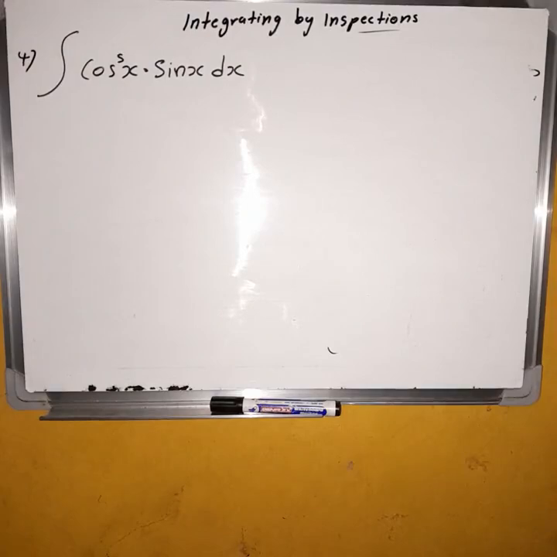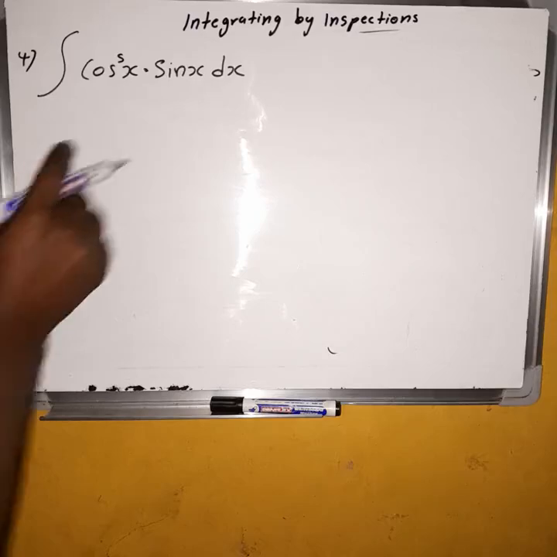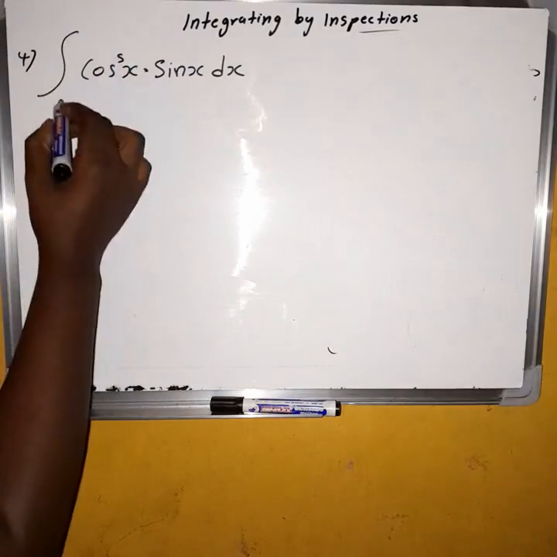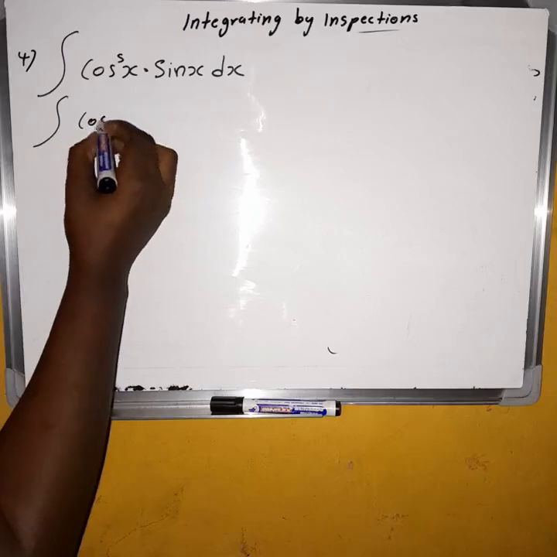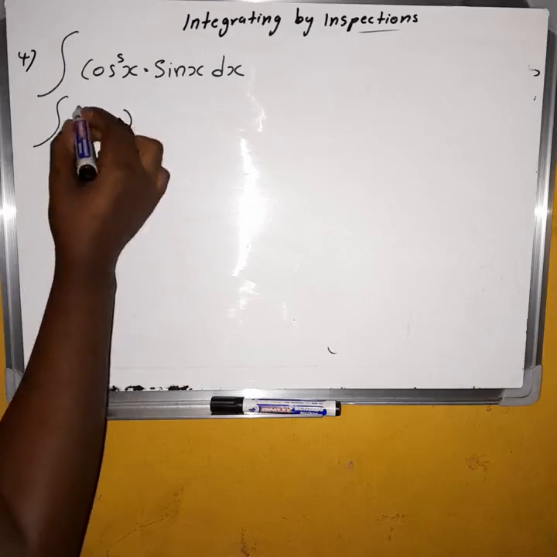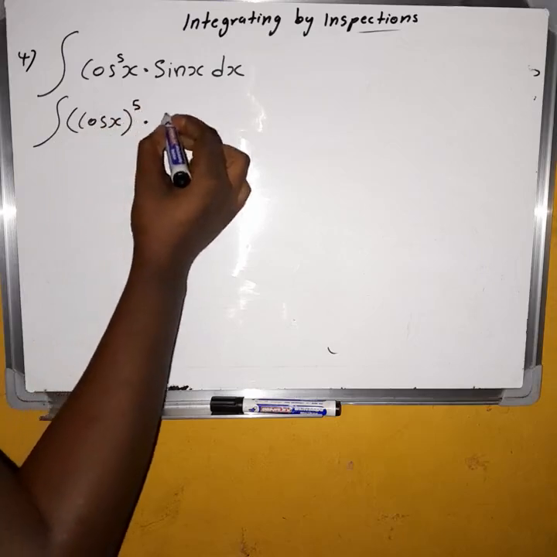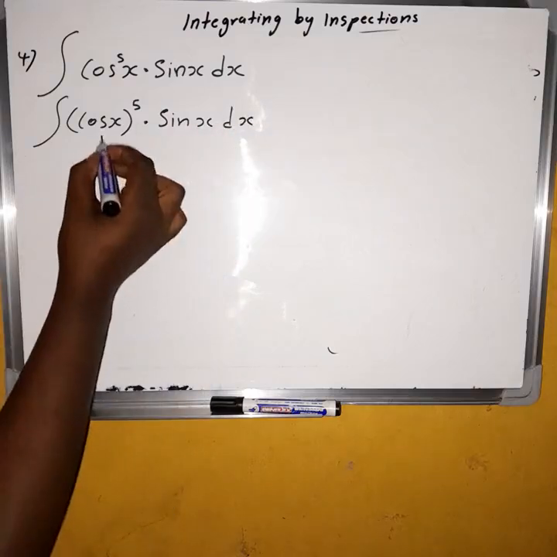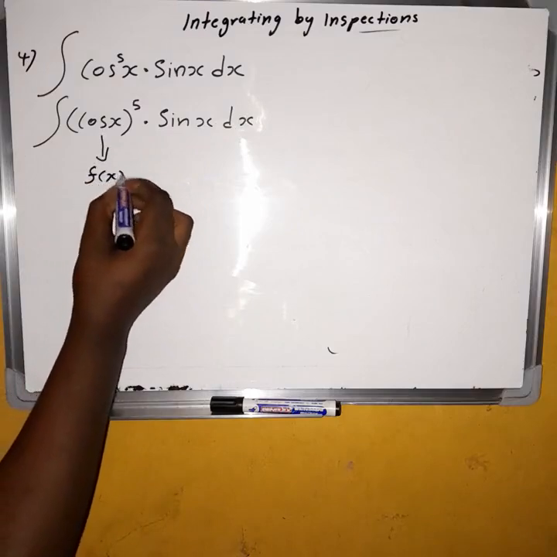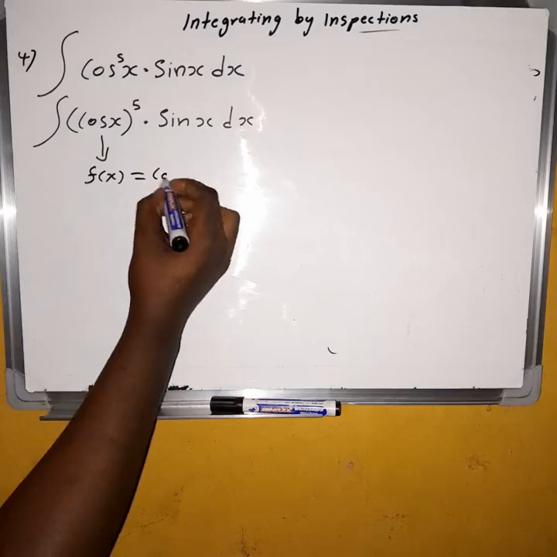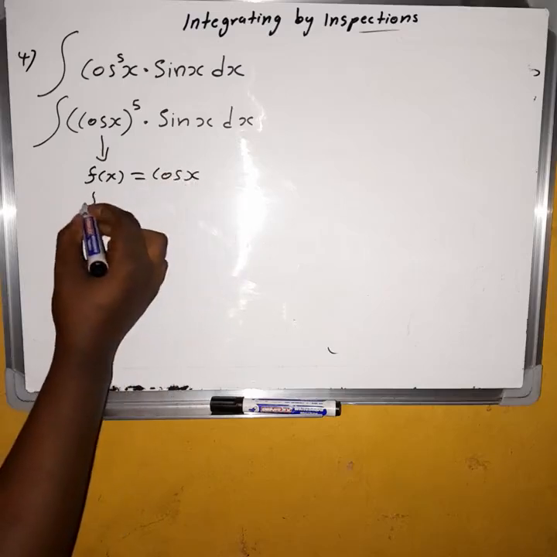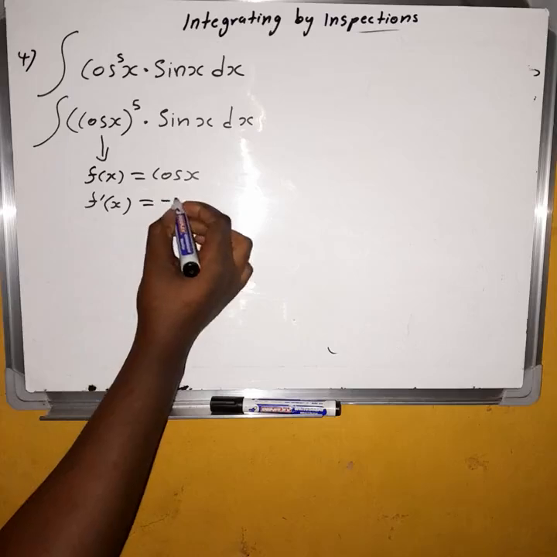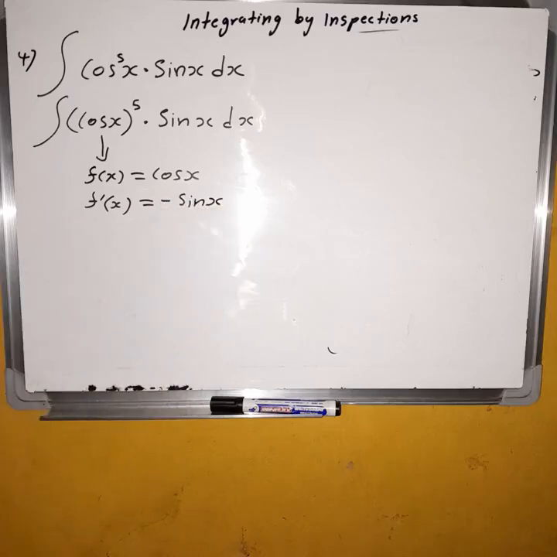We can integrate this by inspection. You can write this as cos x raised to the power 5 multiplied by sin x dx, right. Let us make f of x equal to cos x. Then we take the derivative, f prime x, which we know will be minus sin x, right.